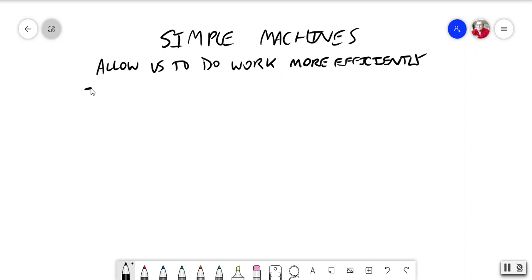And we said that means allow us to do work with less wasted energy.